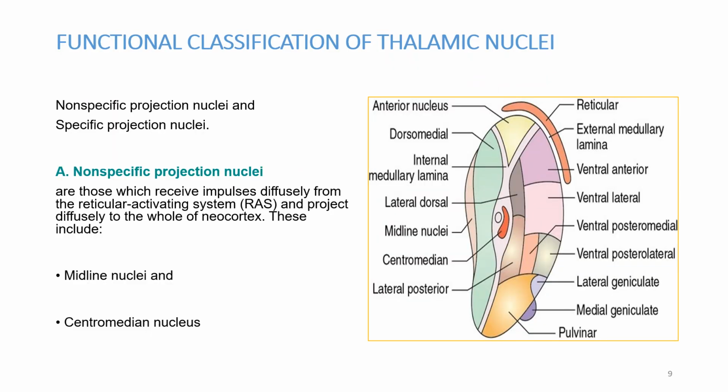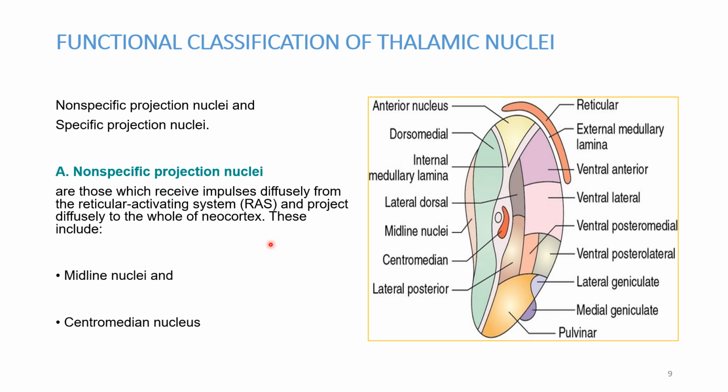Then coming to the functional classification of the thalamic nuclei. So how are they functionally classified? We have specific projection nuclei and non-specific projection nuclei. So first coming to non-specific projection nuclei. These are the nuclei that will receive impulses diffusely from the RAS, that is the reticular activating system, and they will project diffusely to the whole of the neocortex.